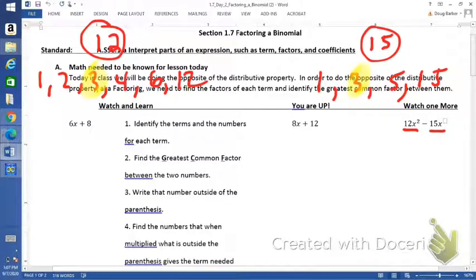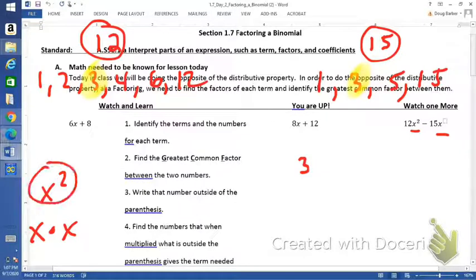So, in step 3, we write that number outside of our left parenthesis. We're going to have to give ourselves a little bit of room, because notice in this one we have an x squared and an x also. So x squared is the same thing as saying x times x, and we know that x is just x.